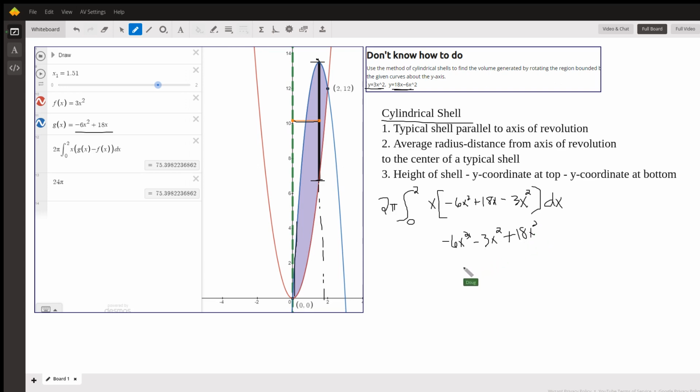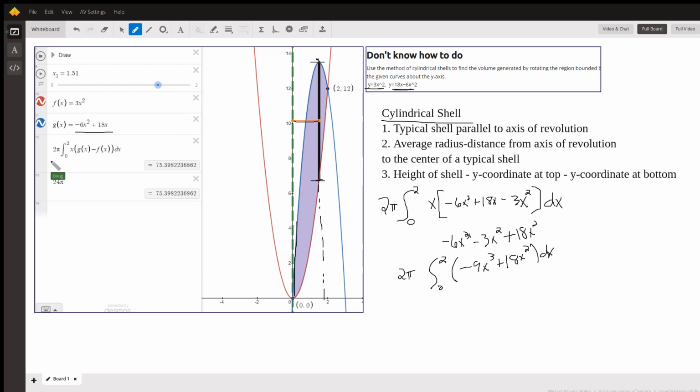And we'll combine these two terms. Find the definite integral from 0 to 2 and multiply that by 2 pi.